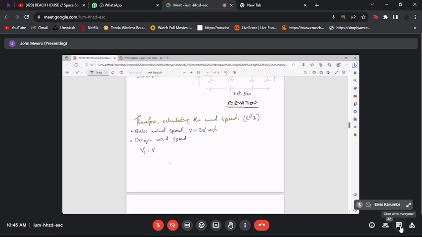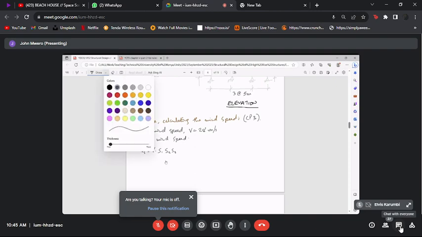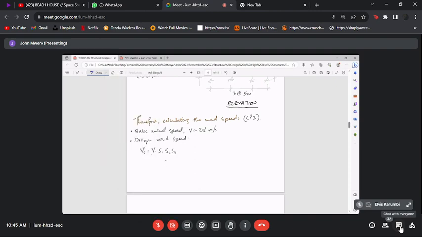So we said we take the basic wind speed and multiply it with the site-specific factors so that we get a design wind speed. Let's assume for this discussion that this value is 1.0, and this value here, let's also assume it to be 1.0, so that we are only left with S2 to determine.